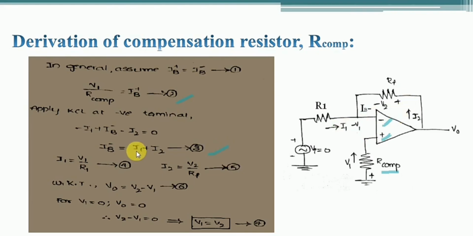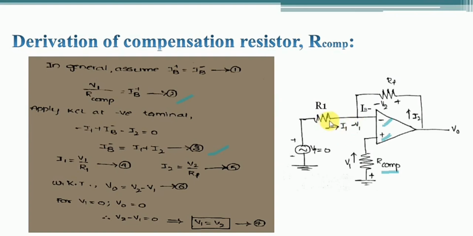Now what is the value of I1 and I2? This I2 is nothing but the current flowing through the resistor RF. Here V2 is nothing but the voltage drop across the resistor RF. So from Ohm's law we can write I2 as V2 by RF, and I1 is nothing but the voltage drop across the resistor R1, so we can write I1 as V1 by R1.